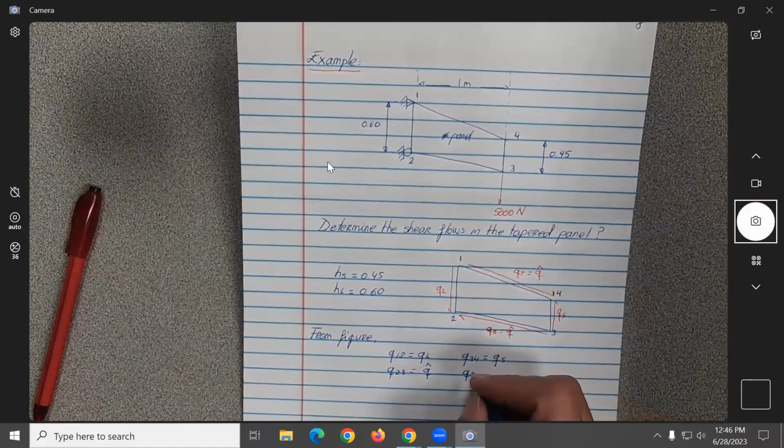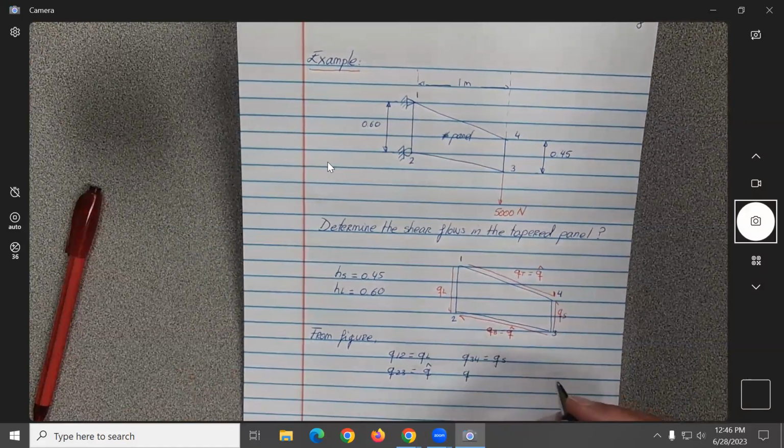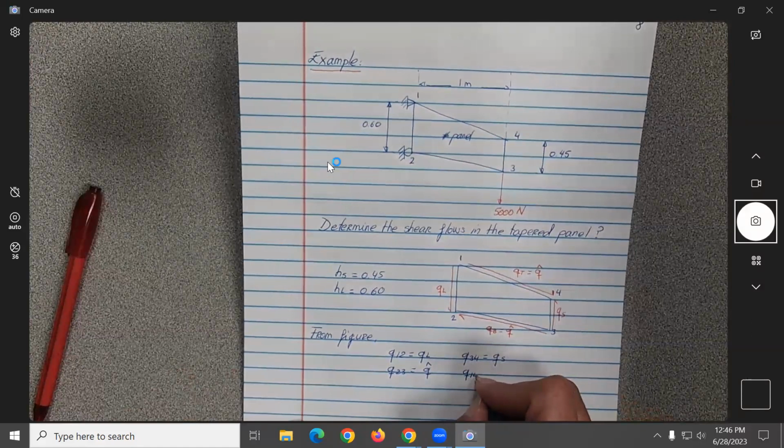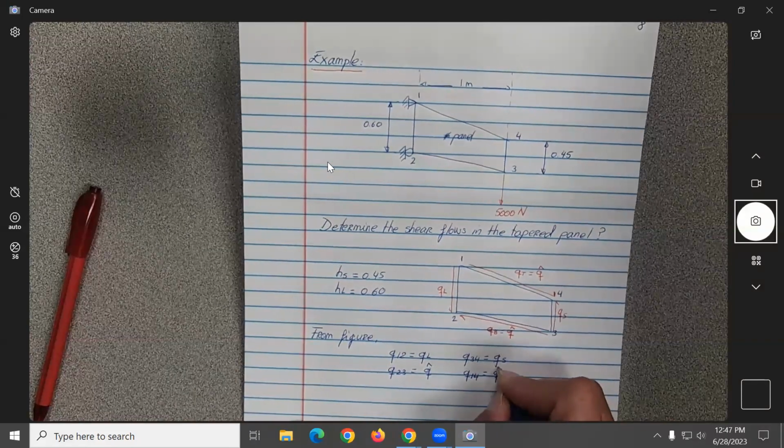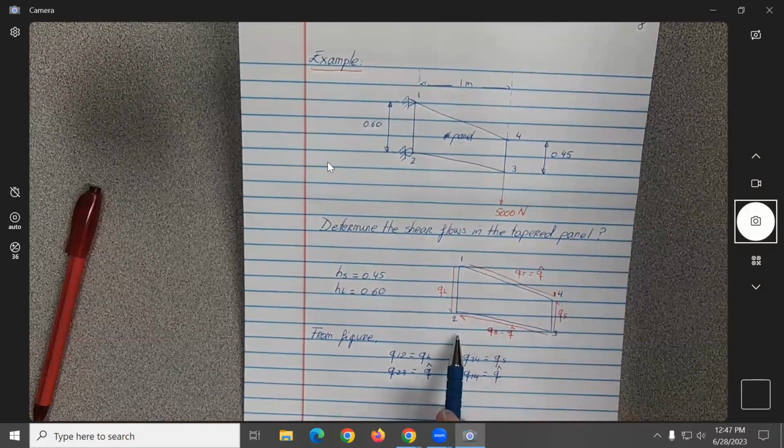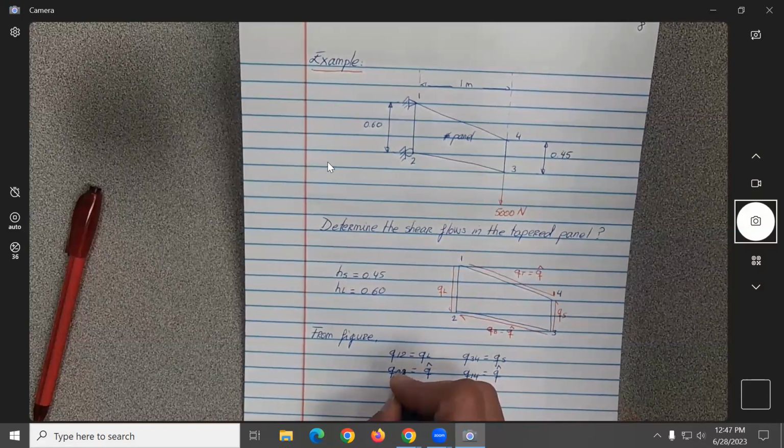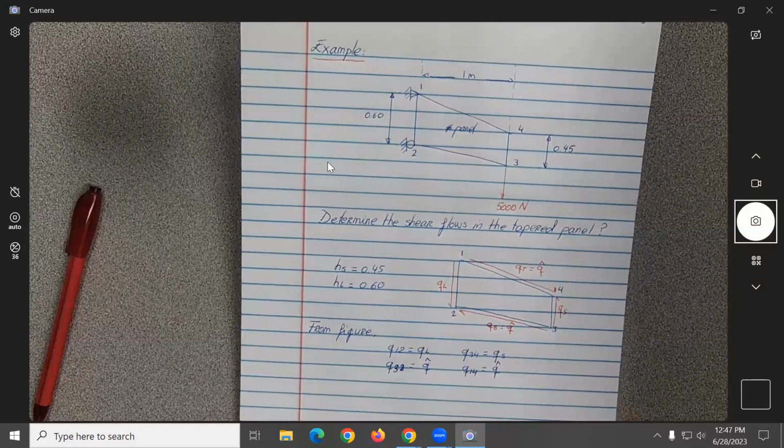And Q41, or maybe, well, let me change something. 14 will be Q sub hat. And let's say this one is correct. And here, instead of Q23, let's do Q32, so at least we go in the correct direction for the sign. Q32 will be Q hat.